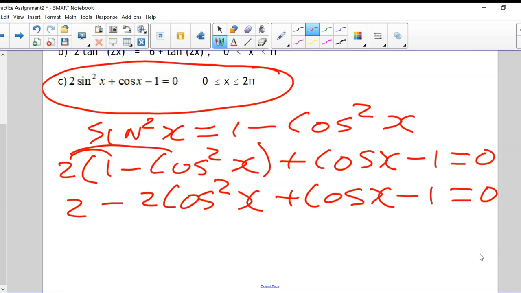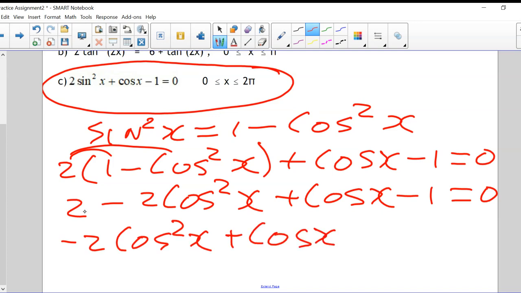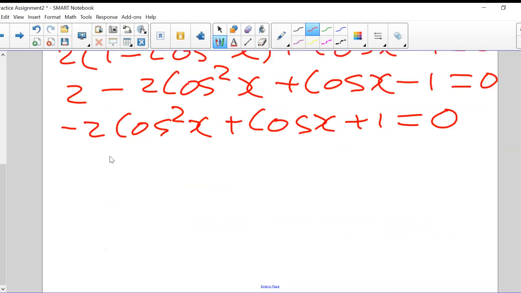So why don't we now rearrange this a little bit? Put the minus 2 cos squared x first, then plus the cos x, then that 2 and that minus 1 should be plus 1 equals 0. Now, this is like a quadratic, by the way. I don't like to try to solve a quadratic when the lead coefficient is negative.